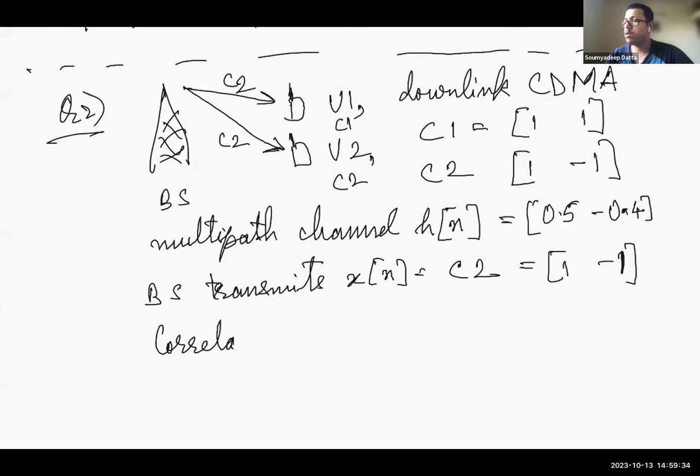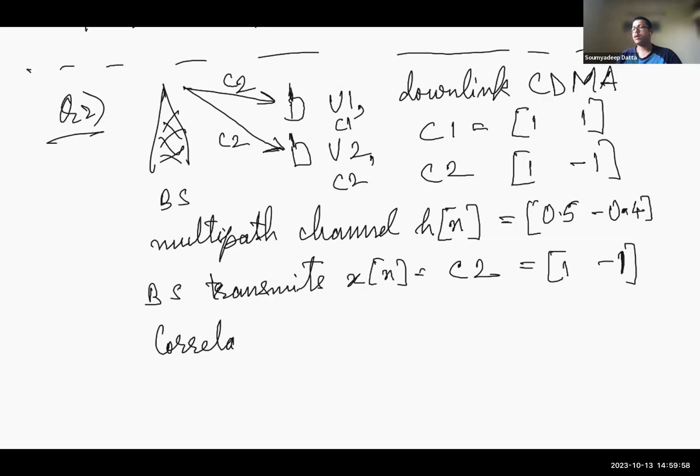You are also told to assume perfect power control. What does that mean? It means mod alpha_k equals 1 for all k.